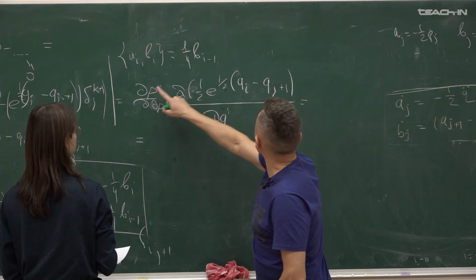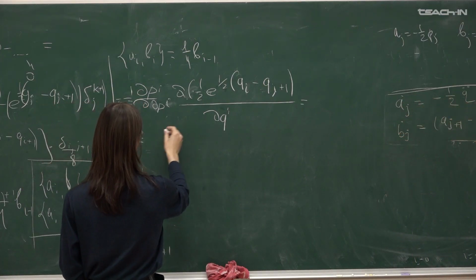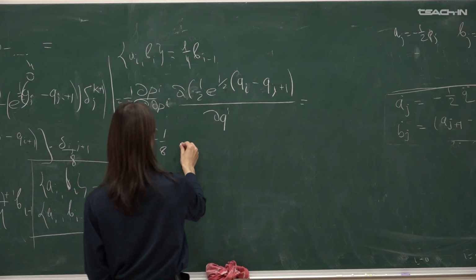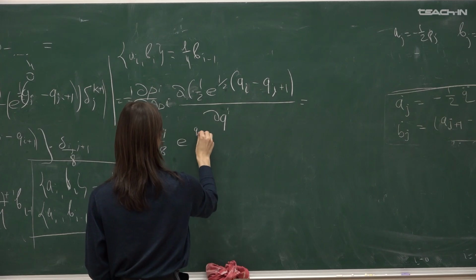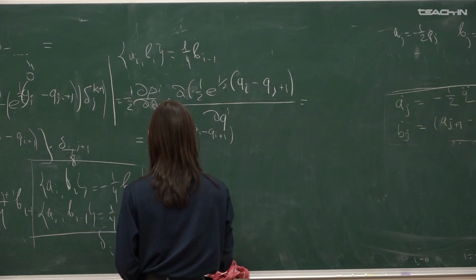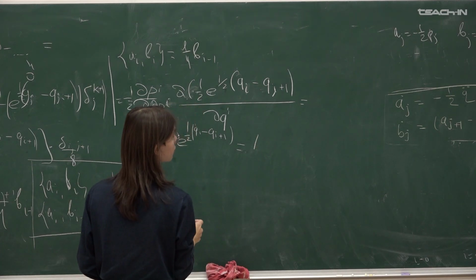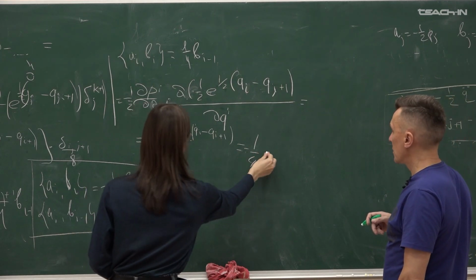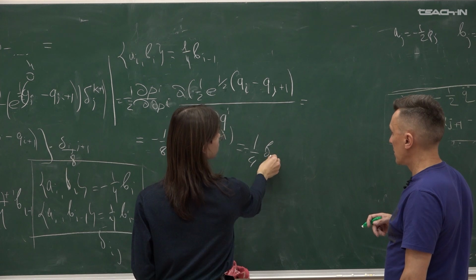And here there is minus 1 over 2. Yes. Bi.